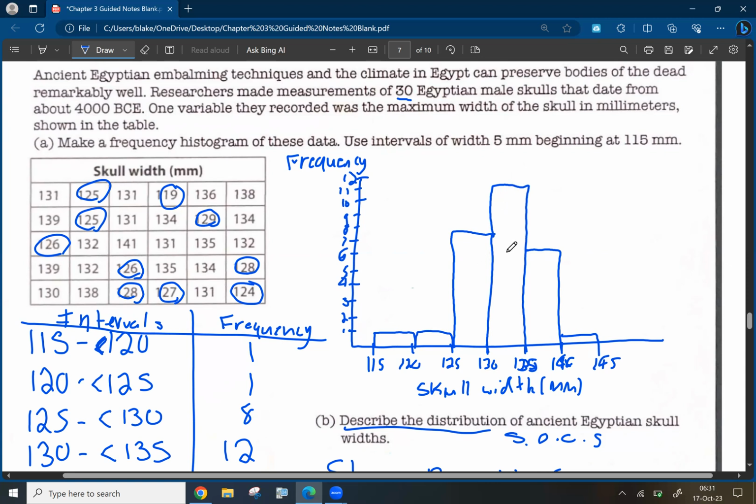Then the 15th and 16th value are somewhere in this bar. Does that make sense? Because there were 10 before. If you accumulate them, 1 plus 1 is 2, 2 plus 8 is 10, and 10 plus 12 is 22. So the 15th and 16th value are somewhere in this region, which is the 130 to 135.